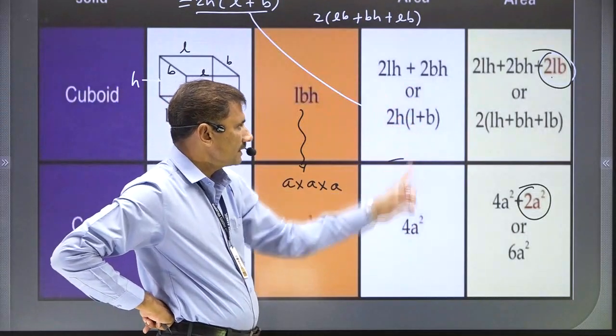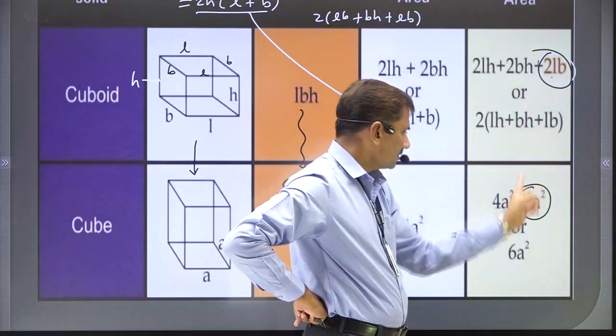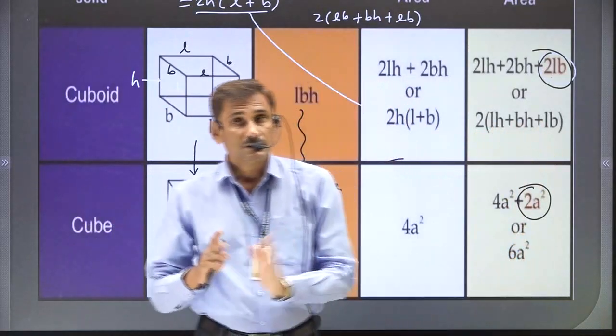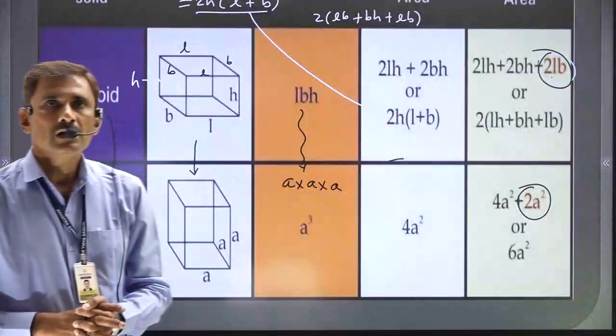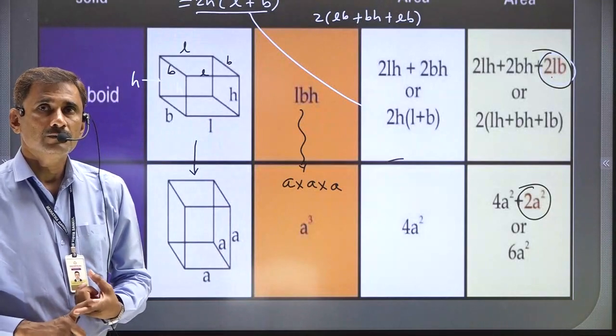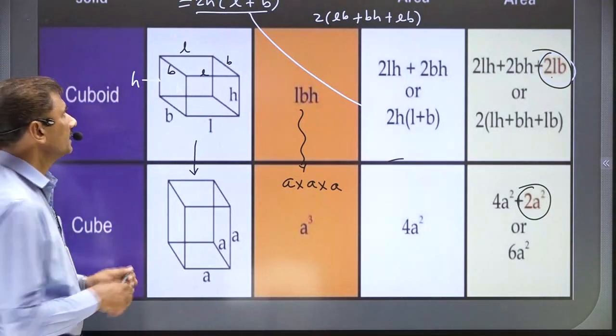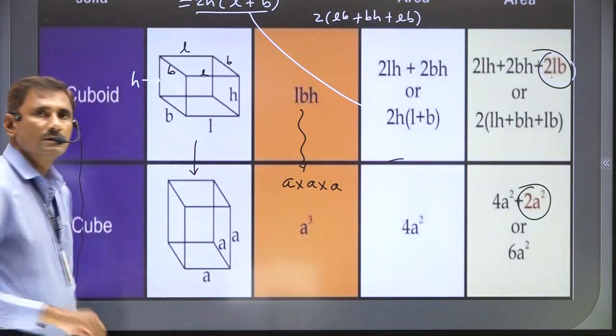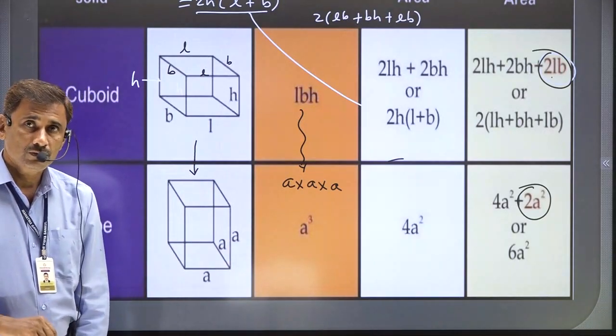All are A. Here also all are A. So you can get it directly. So you can find the area of a cube or the volume of a cube from the formula of area of cuboid and volume of cuboid also.